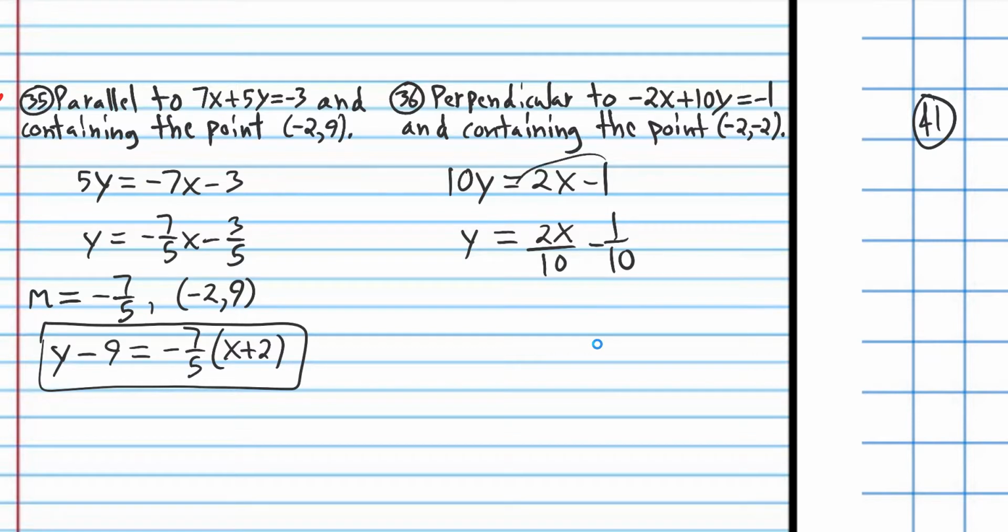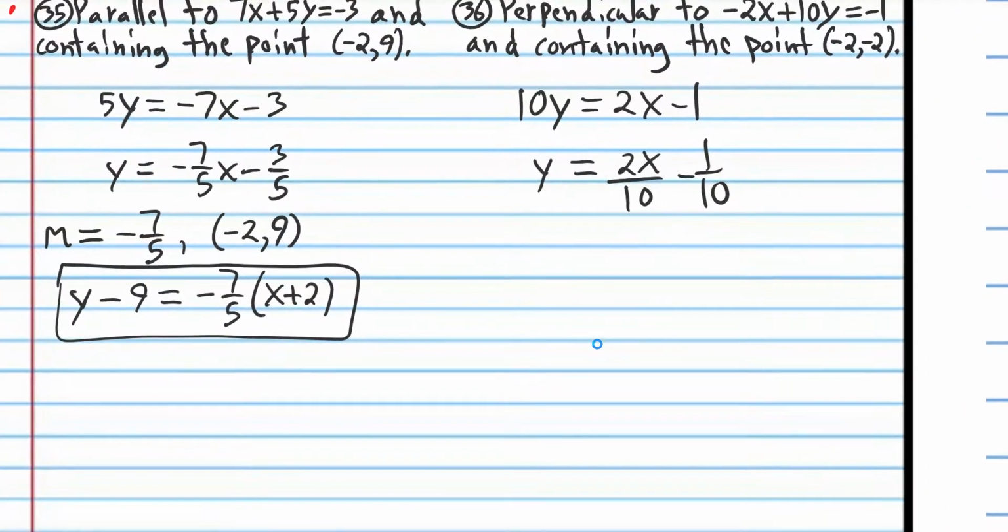And remember, whenever you're dividing a polynomial by a monomial, you just divide each term, like you see here. Divide each term. All right, so I can reduce 2 over 10. That becomes 1 over 5, but I don't have to write the coefficient on the x.